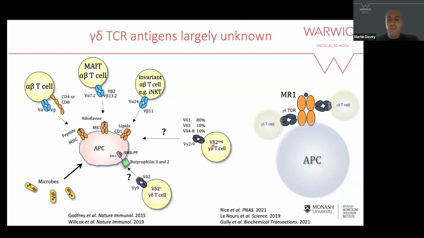But there has been a handful of antigens described to date, and I've been involved with this description of MR1, which is obviously the key molecule that presents riboflavins to MAIT cells, so in a very conventional top-down fashion. But actually what we found was that these gamma delta cells were recognizing MR1 in a highly different way to, say, a MAIT cell interaction with MR1.